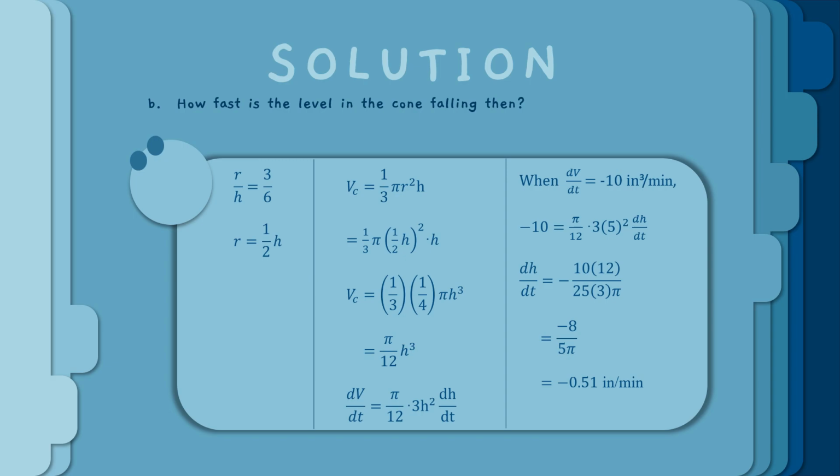So it will be 1 over 3 pi times 1 over 2 h squared times h. We simplify it to 1 over 3 times 1 over 4 pi h to the power of 3, and the answer will be pi over 12 times h to the power of 3.